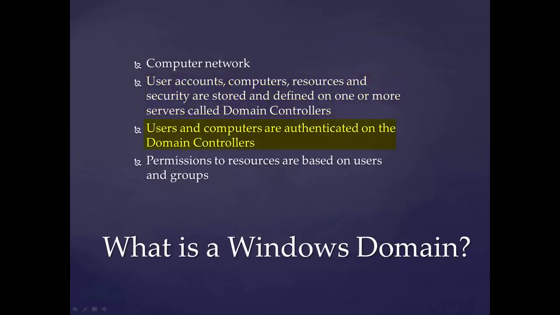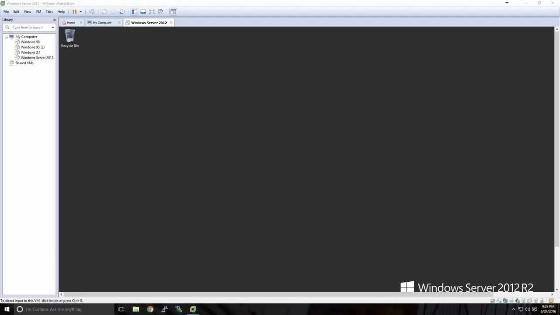Users and computers on the domain are authenticated through the domain controllers, and the permissions to the resources are based on user accounts and the groups that contain user accounts.